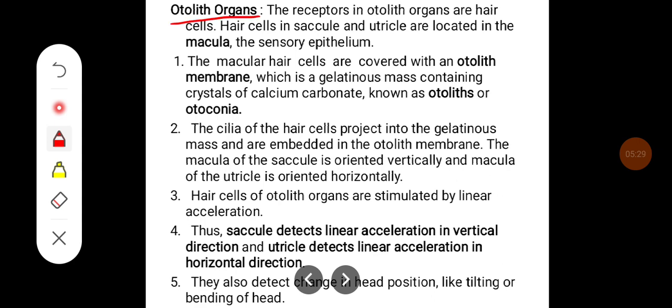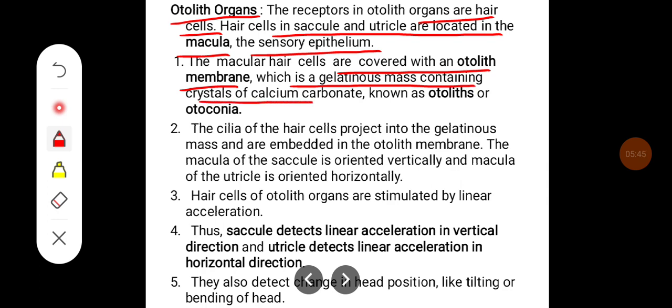Otolith organ. The receptors in otolith organ are hair cells. Hair cells in saccule and utricle are located in the macula, the sensory epithelium. The macular hair cells are covered with an otolith membrane, which is a gelatinous mass containing crystals of calcium carbonate, known as otoliths or otoconia. The cilia of the hair cells project into the gelatinous mass and are embedded in the otolith membrane.